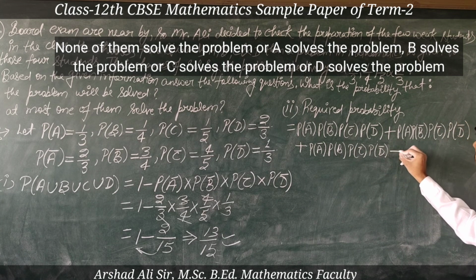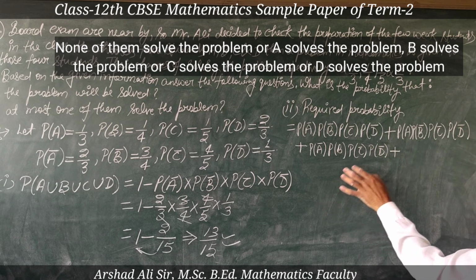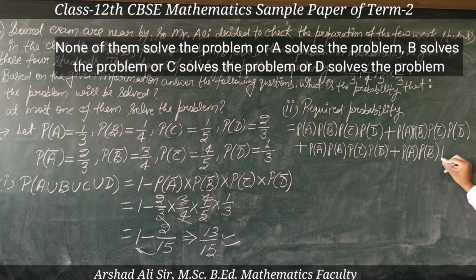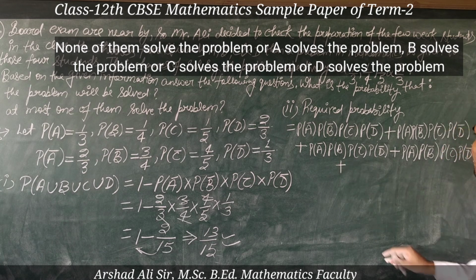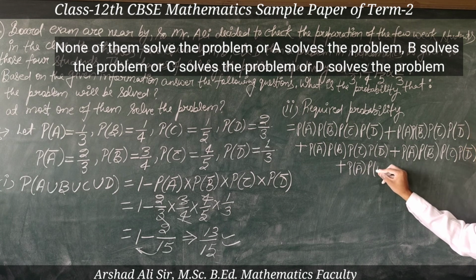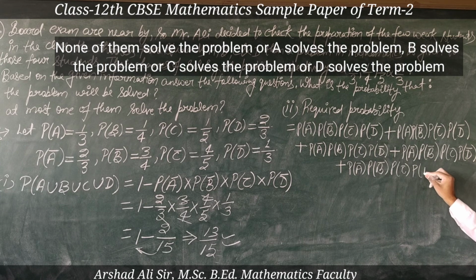Okay. Now this time A and B do not solve the problem, C solves the problem. So we will write P(A bar), P(B bar), P(C), because C solves the problem and D does not solve the problem. Plus this time D solves the problem. So P(A bar), P(B bar), P(C bar) and P(D).